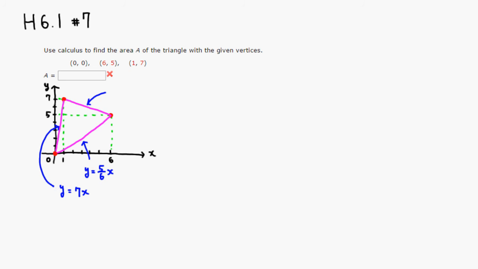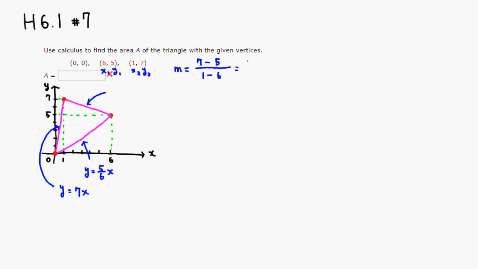So we can call these x1 and y1, and this is x2 and y2. So the slope m is going to be y2, which is 7, minus y1, which is 5, over x2, which is 1, minus x1, which is 6.